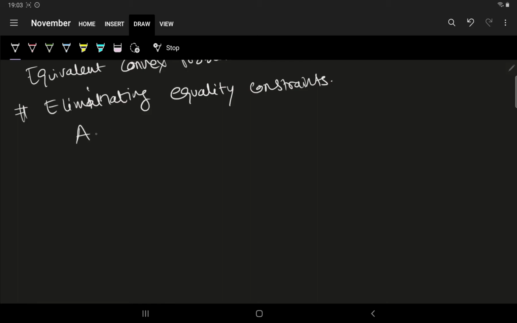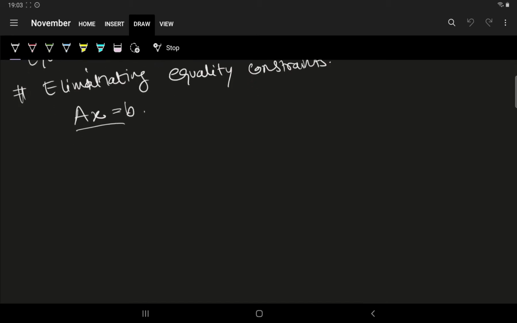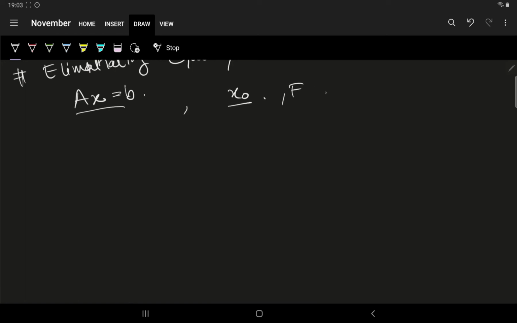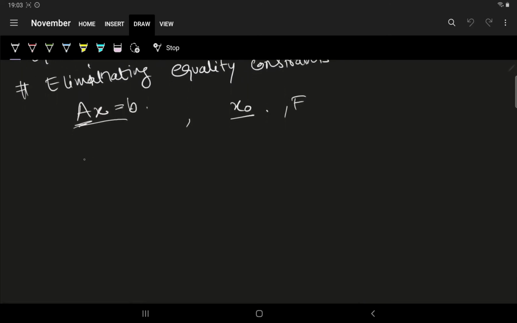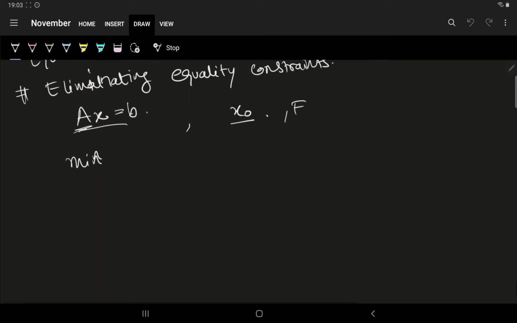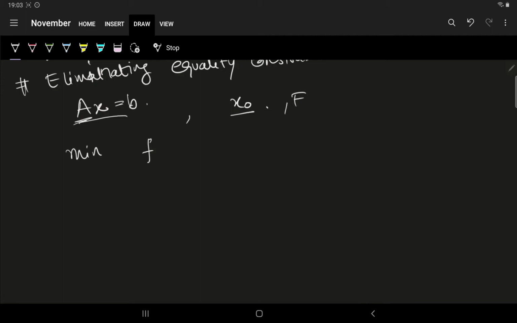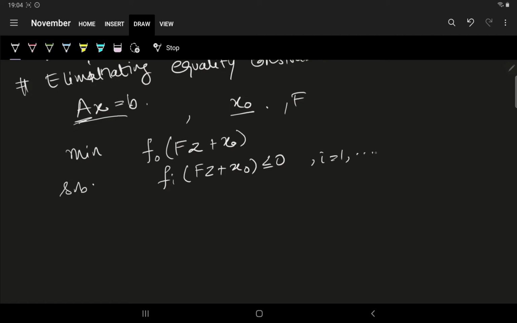Equality constraints are linear, so we can find a particular solution x naught of this, and a matrix F whose range is the null space of A, and then we can rewrite the optimization problem as minimizing f naught of Fz plus x naught over the variable z, subject to the inequality constraints f i of Fz plus x naught less than or equal to 0 for i equal to 1 to m.